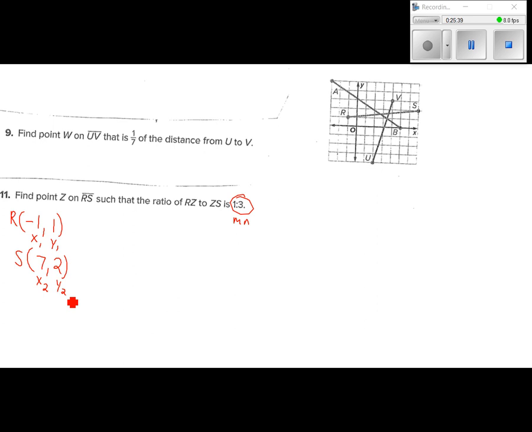What's our N this time? 3. What's our X1? -1 plus, what's our M? 1, what's our X2? And all that divided by 1 plus 3. Type the top into your calculator.